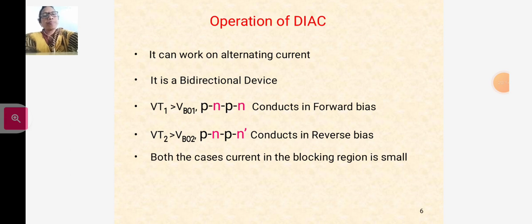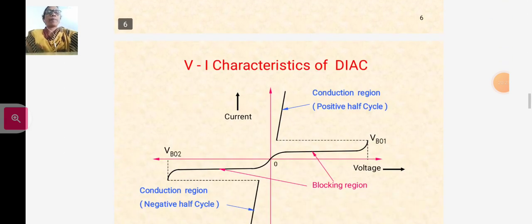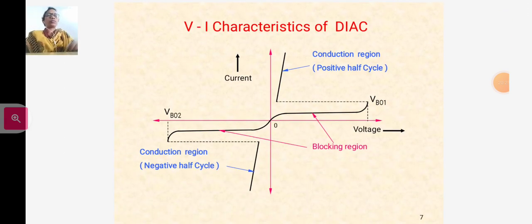That means PN dash conducts in reverse bias. In both cases, the current in the blocking region is small. Next we go to the VI characteristics of diac.